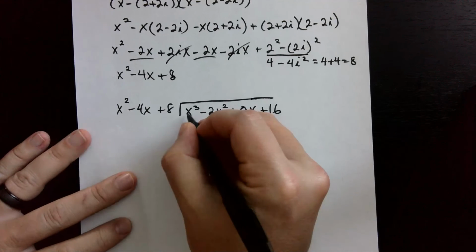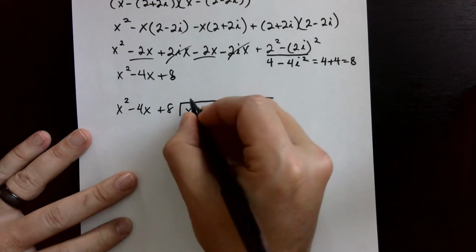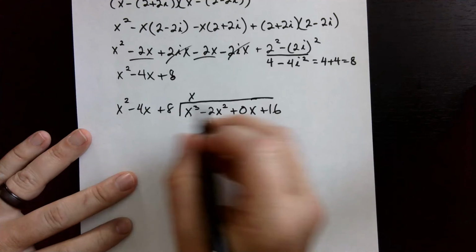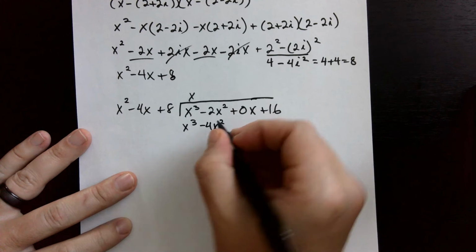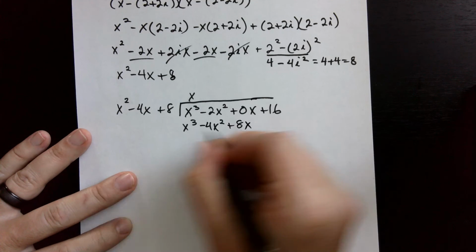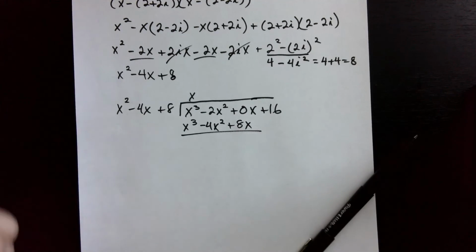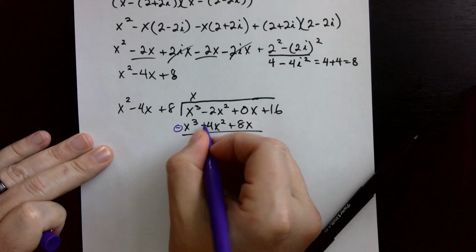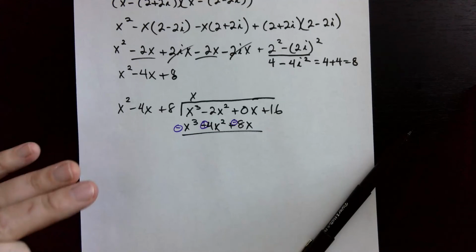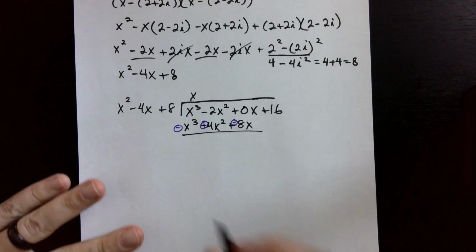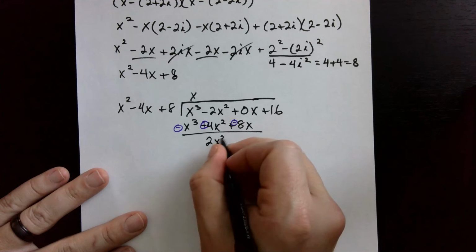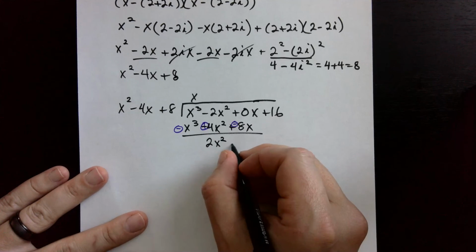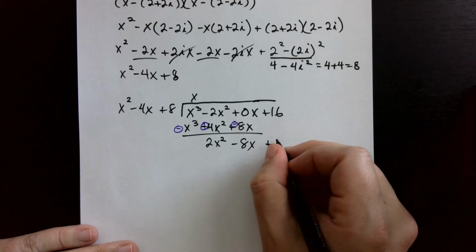Alright, so let's see what we get. What do we multiply x squared by to get x cubed? That's x. So let's multiply it through. X cubed minus 4x squared plus 8x. Remember to change your signs. Plus and minus. Okay, so this becomes 0. This one becomes 2x squared minus 8x plus 16.